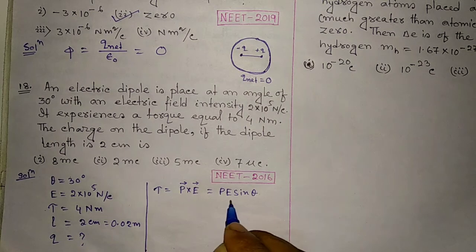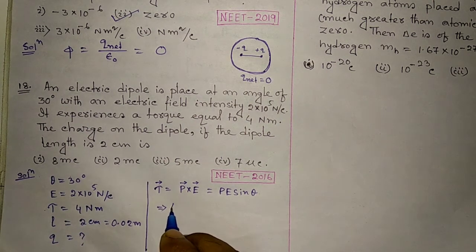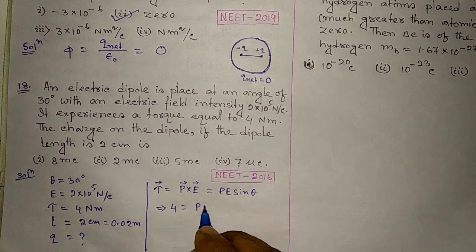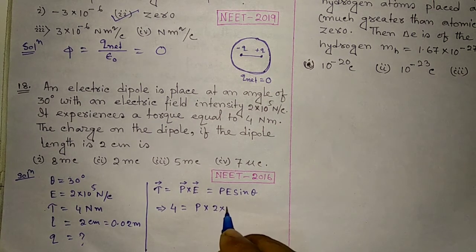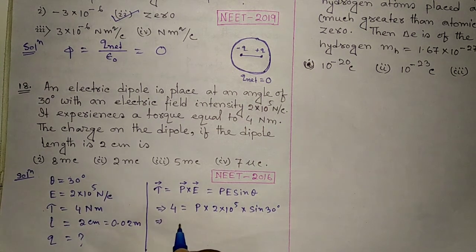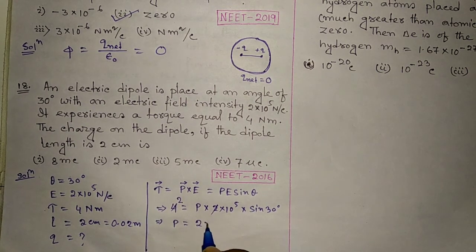Torque is given here as 4, so we can write 4 is equal to P into E, which is 2 into 10 to the power 5, into sin 30 degrees.